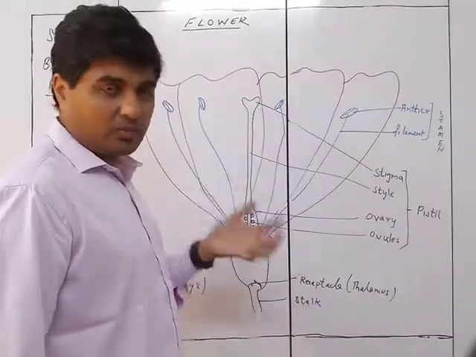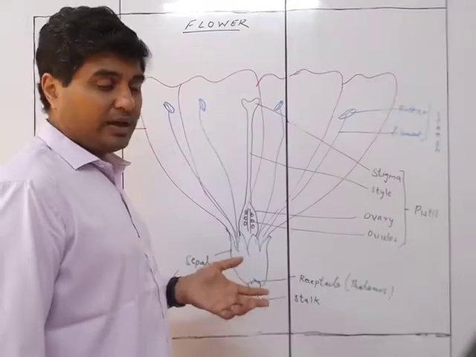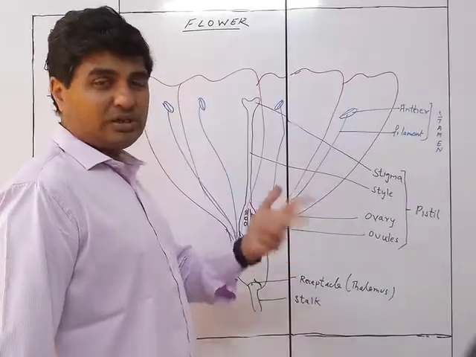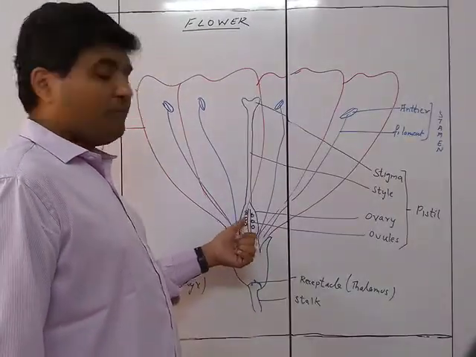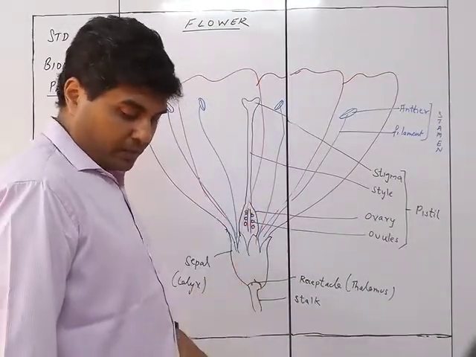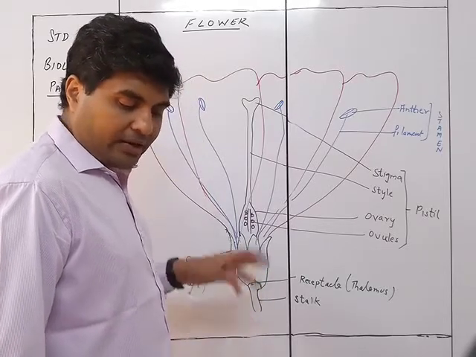Carpel, pistil, gynoecium, all similar words; the same thing is given different names. This can be of a single carpel or multiple carpels fused together, collectively called gynoecium.